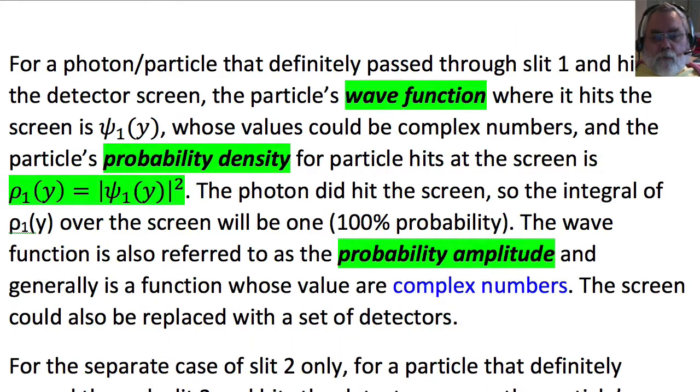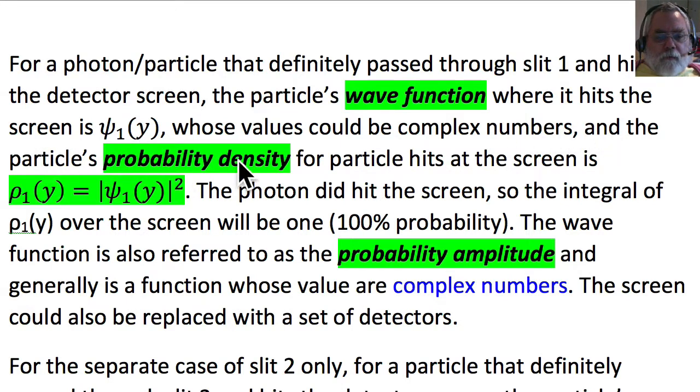For a photon or any particle, an electron, that definitely passed through slit 1 and hit the detector screen, the particle's wave function where it hits the screen is psi sub 1 of y. And the wave function can take on values that are complex numbers.